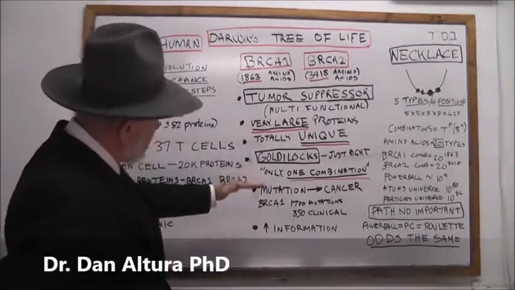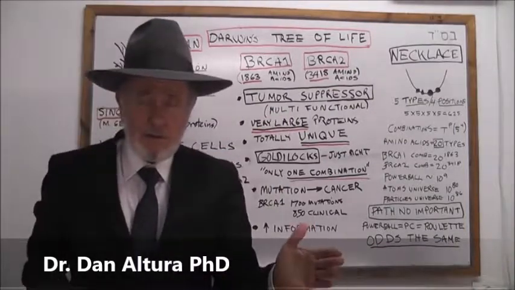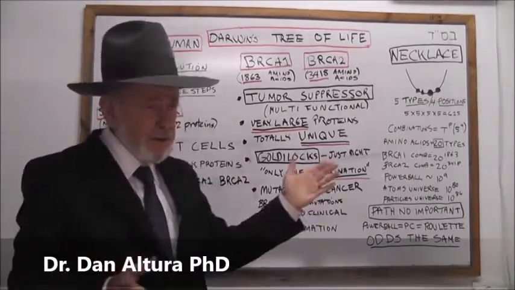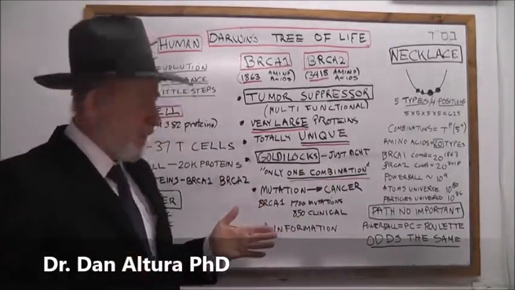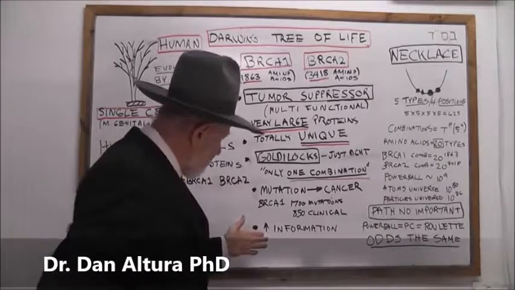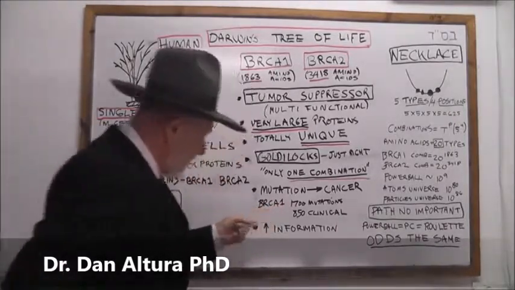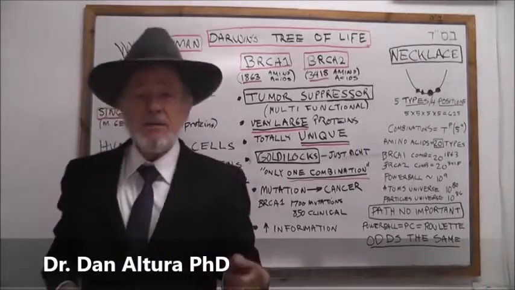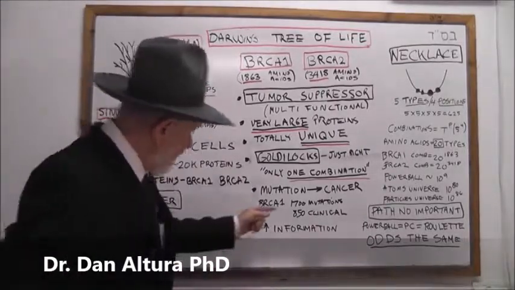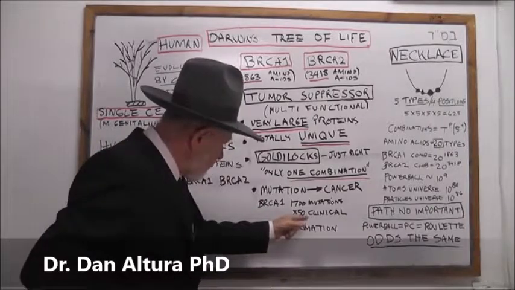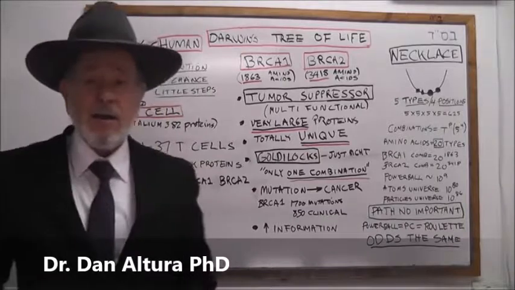And let's take a look and see what happens when you have mutations, where there's a single point mutation in the gene for either one of these two proteins, or multiple mutations. What you get is the following. For BRCA1, they've already found over 1,700 different mutations, and 850 of these are clinically significant.